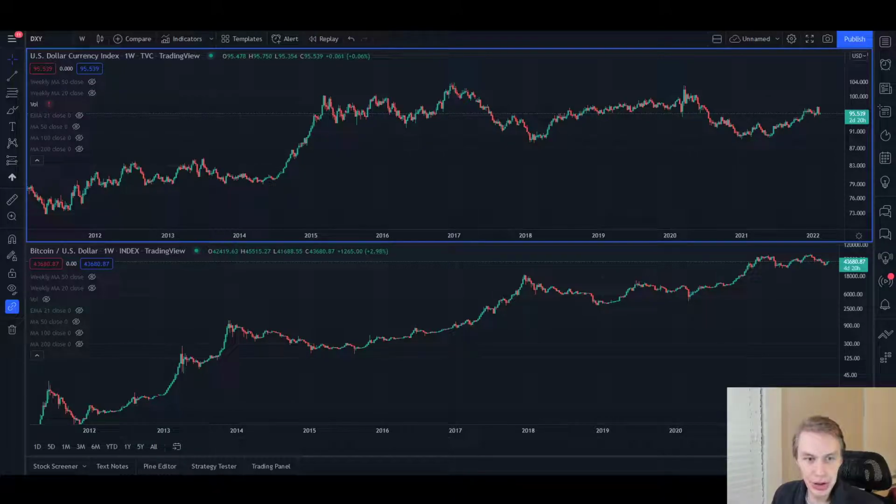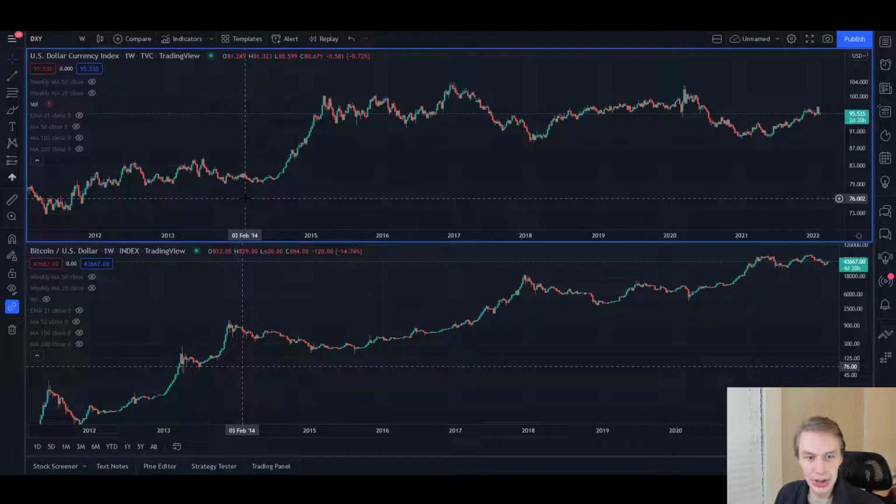So what I just wanted to show here was the DXY index over time, and then show the price of Bitcoin over the same period of time, and just show in places where they've seemed to go against each other, that inverse correlation, that negative correlation.